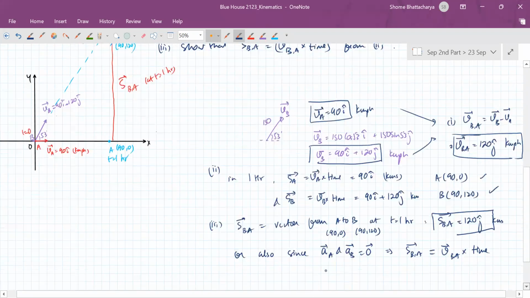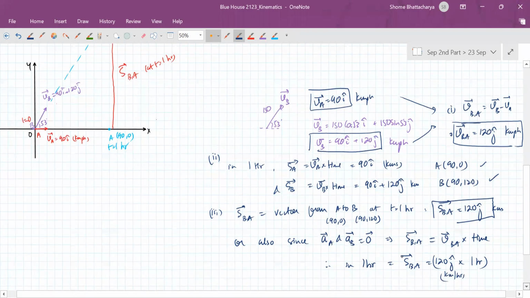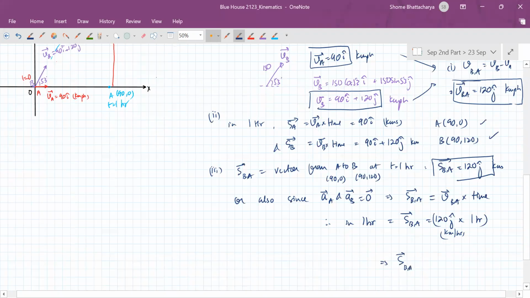So in 1 hour, it's 120 j cap kilometers per hour into 1 hour. So it is 120 j cap kilometers, which agrees with what we are seeing geometrically from the diagram also.